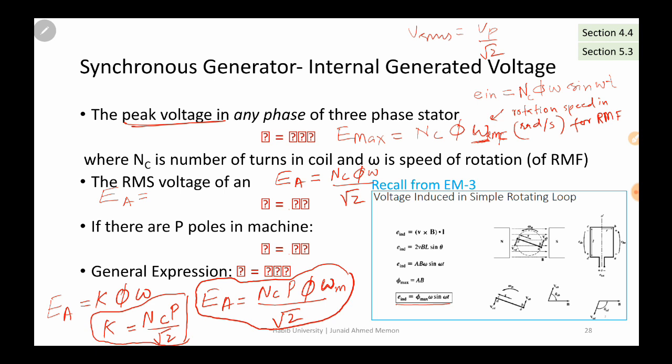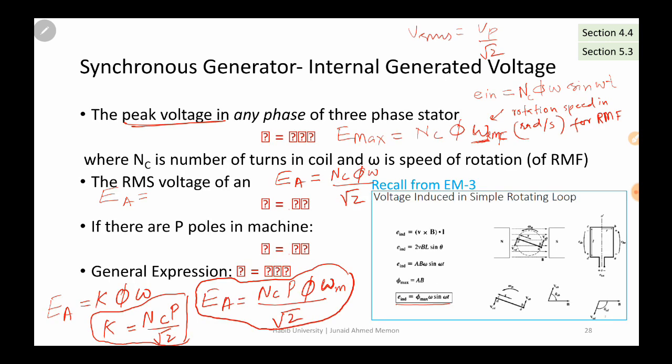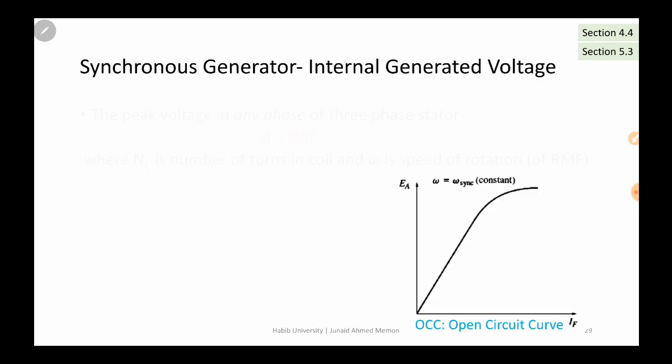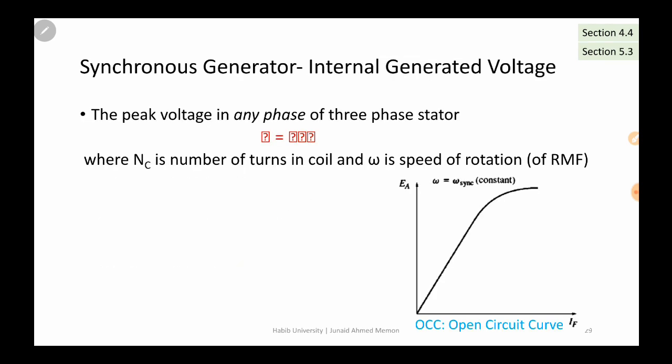Also we know that since EA depends upon the flux and flux depends upon the field current, if you have a magnetization curve, which is generally between the IF that you supply and the flux that is generated inside the machine, it looks like that.